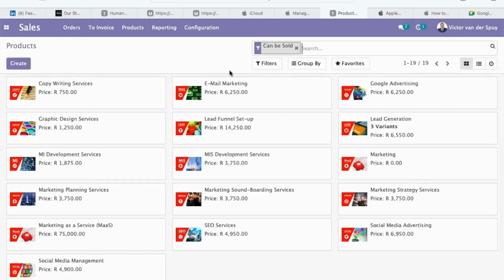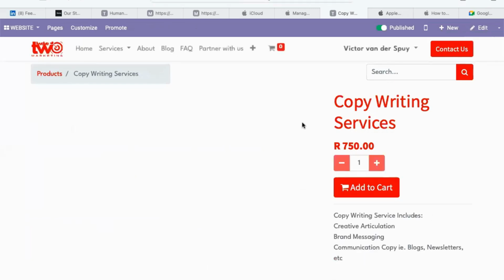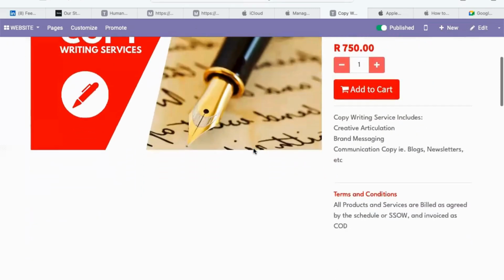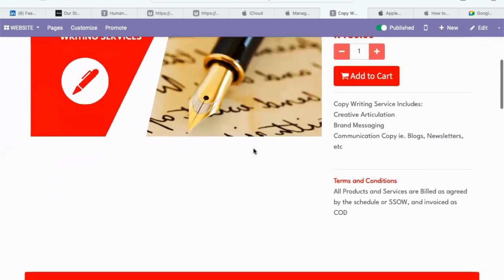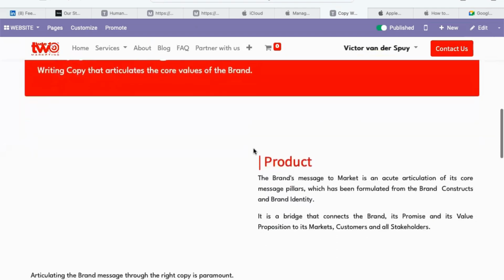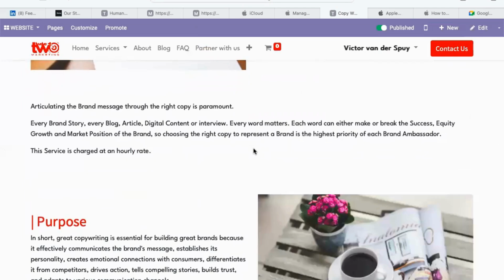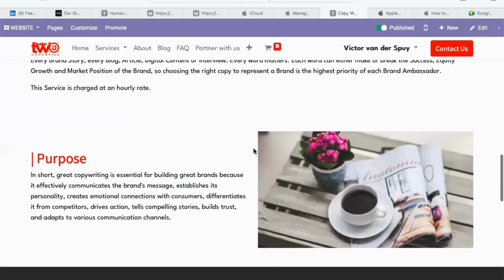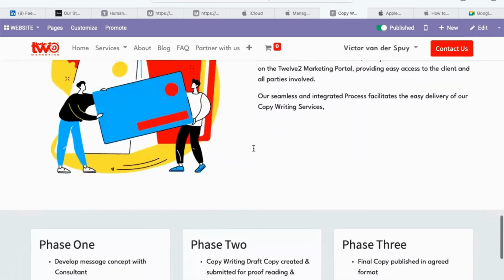Same with copywriting services. Same story. This goes for social media pages, blogs, articles, and websites. This is for wherever copywriting is required. We have a rate per hour that we charge out for any copywriting, should the client not have an in-house copywriter or access to a good copywriter.